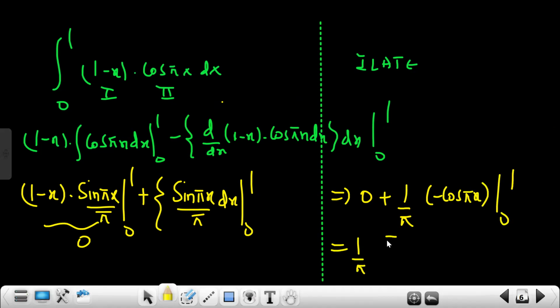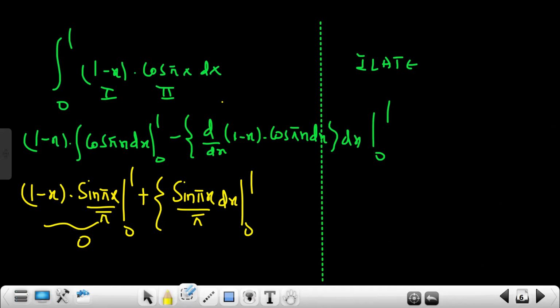So 1 by pi, now substitute the values: minus cos pi and minus cos 0. So cos pi is what? Here it would be minus 1. So this we need to integrate. This part is 0 already.